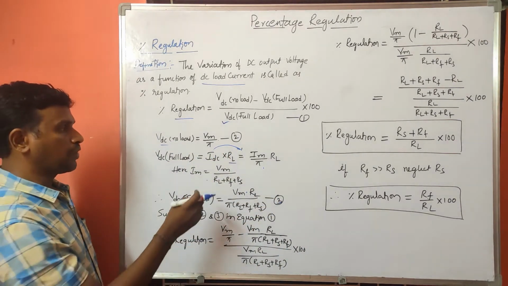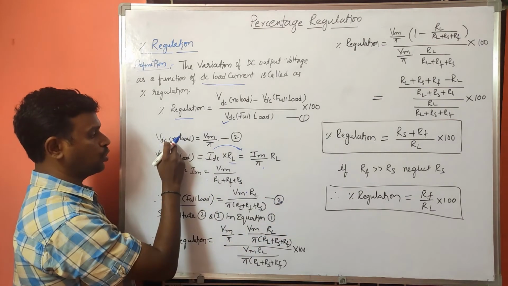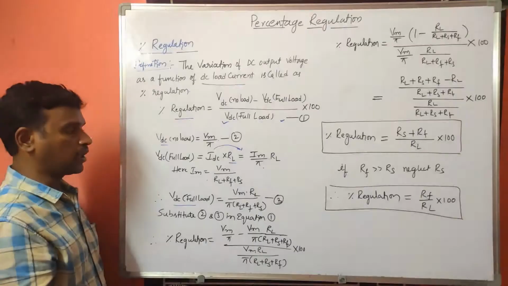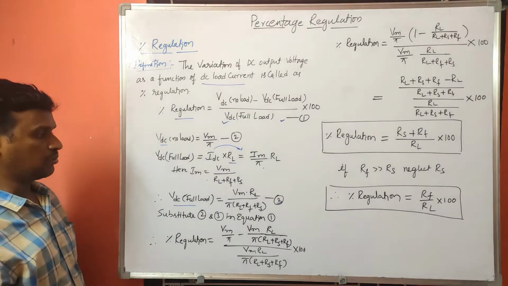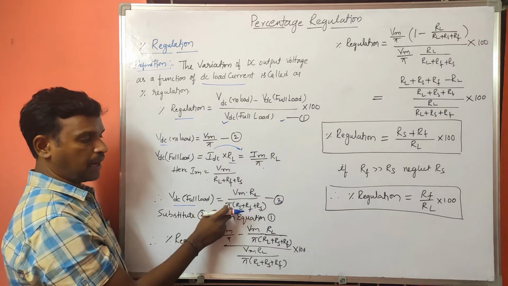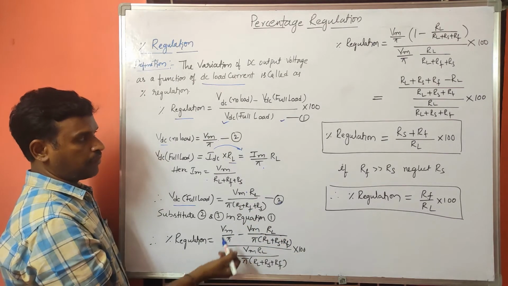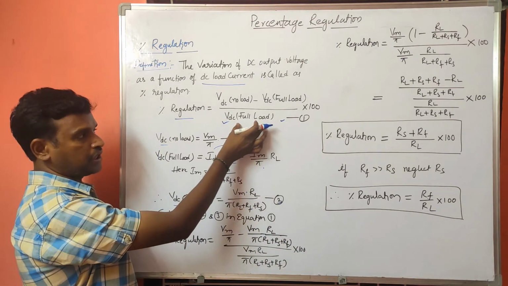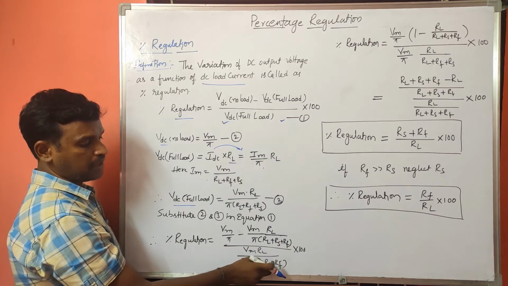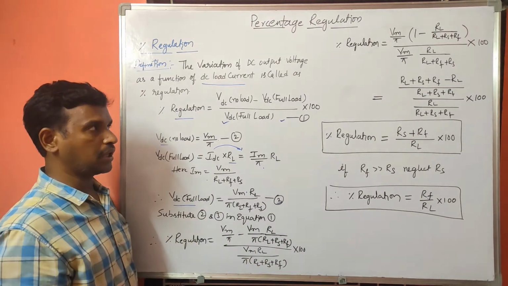Here, from equation number 2 and equation number 3, substitute the VDC no load and VDC full load in equation number 1. VDC no load is nothing but Vm by pi, and VDC full load is nothing but Vm by pi into RL by RL plus Rs plus Rf. It is divided by the VDC full load, that is Vm RL by pi into RL plus Rs plus Rf, into 100, because it is a percentage.